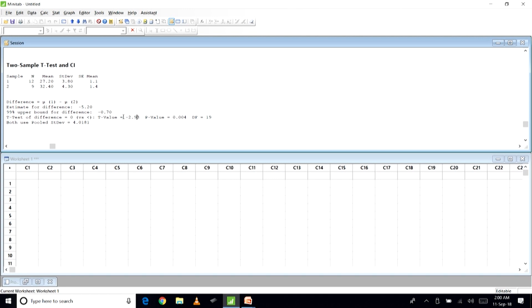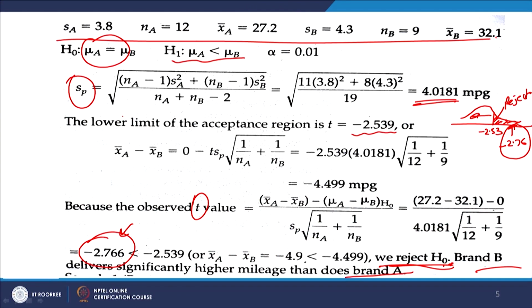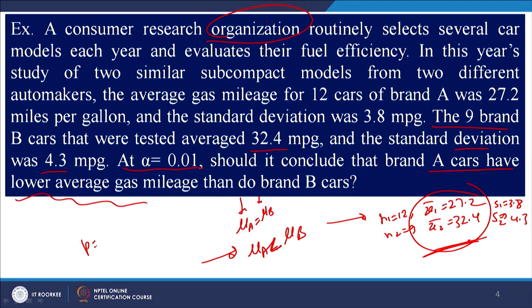So, the p value is 0.004, alpha is equal to 0.01. The p value is less than alpha, so we will reject the null hypothesis. That is what we said when we used the p value approach for hypothesis testing. So, using these two methods we are getting the same answer.